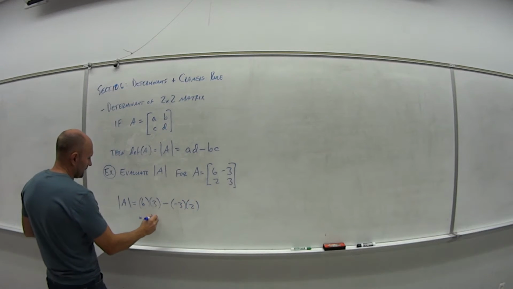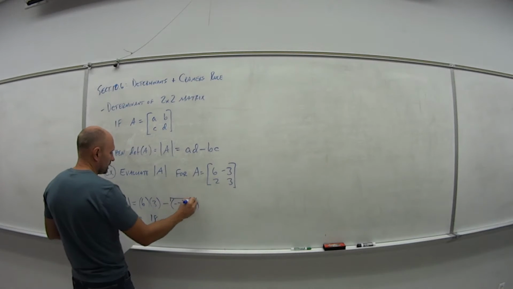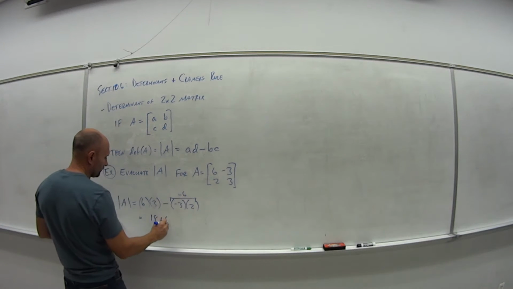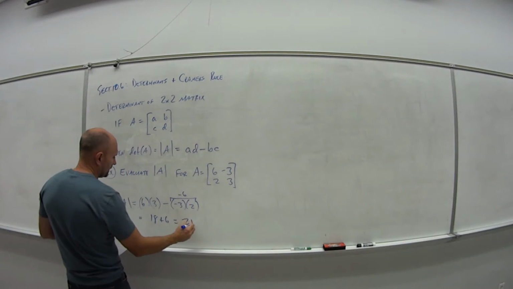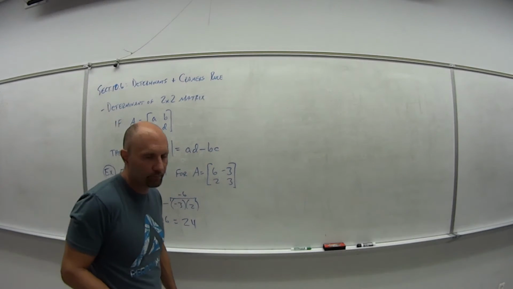So that's 18, minus, -3 times 2 is -6, minus a -6 is +6, which means the determinant of A would be 24.